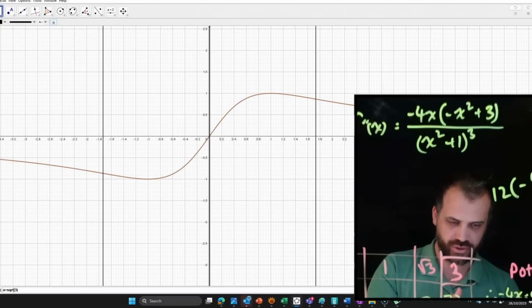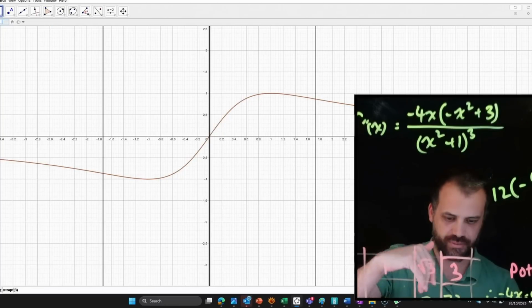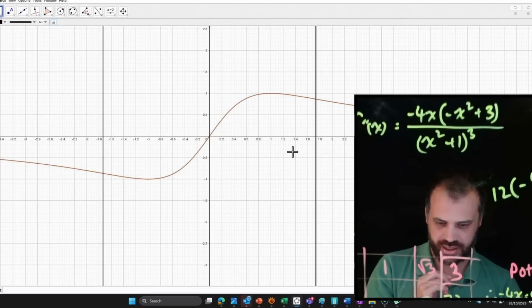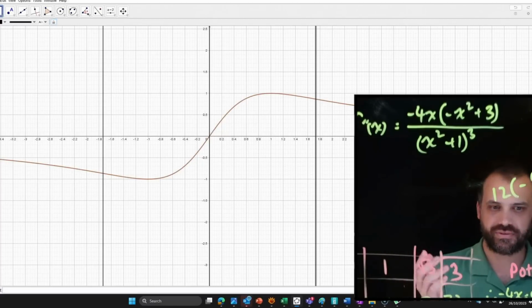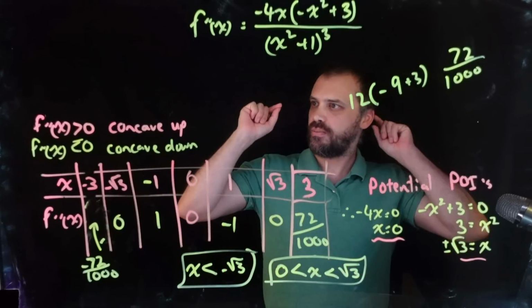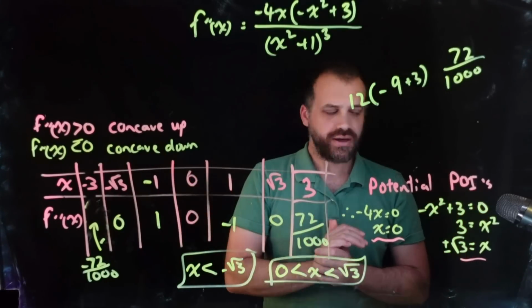And then from here onwards, concave up. You can catch some water in it. So our intervals again are from here to here, concave down, and from here off to negative infinity, concave down. What a massive question.